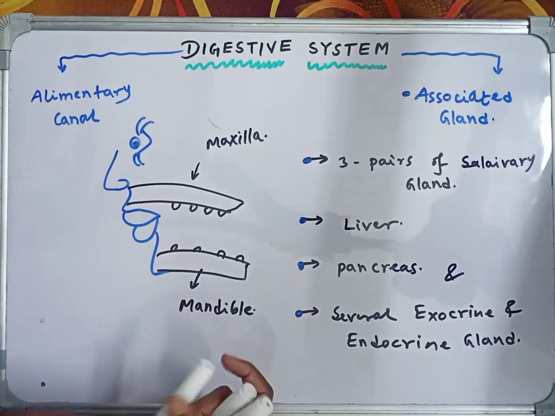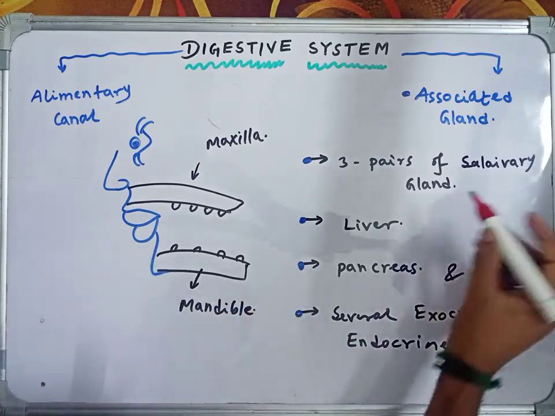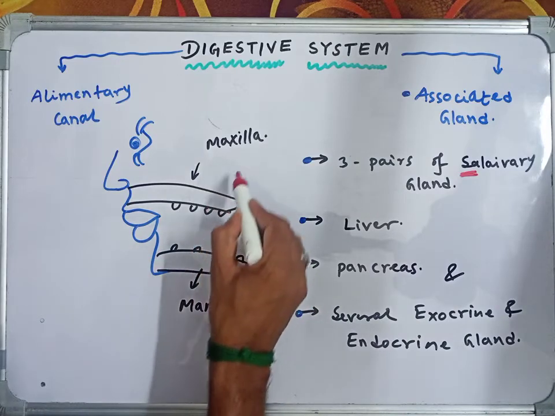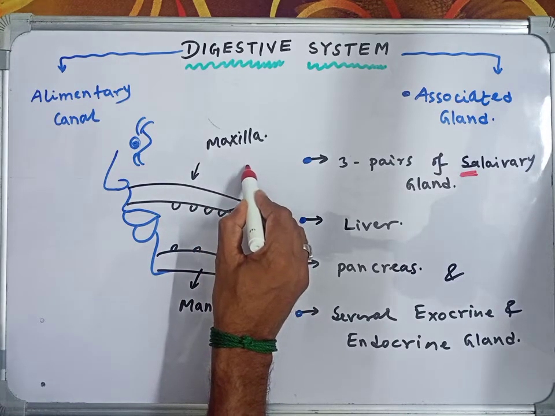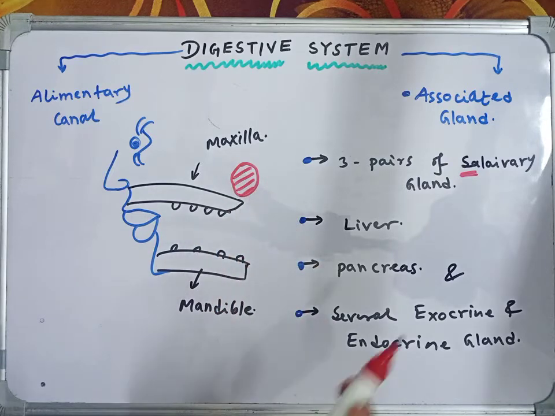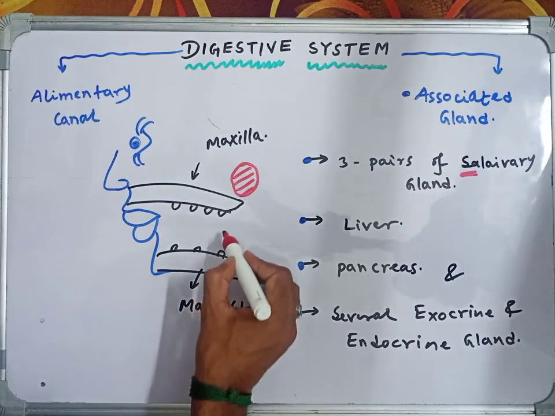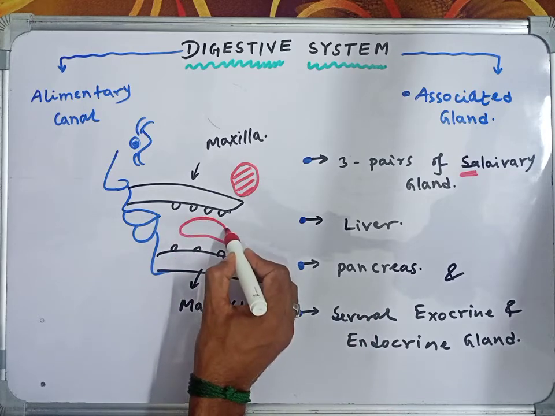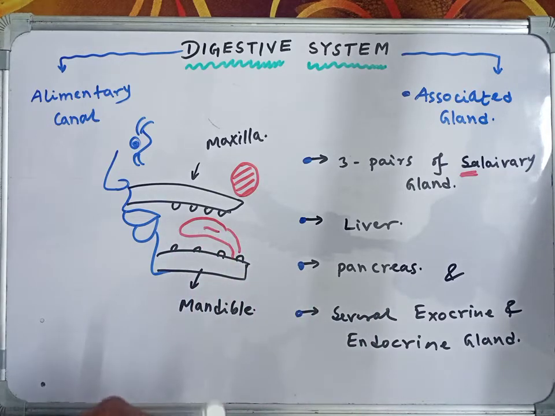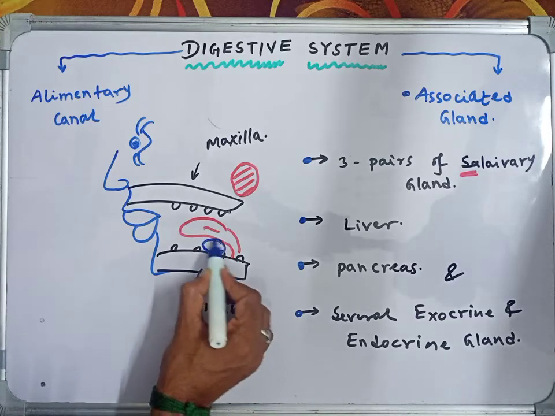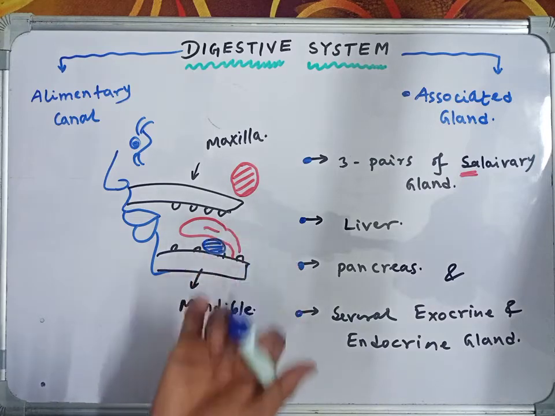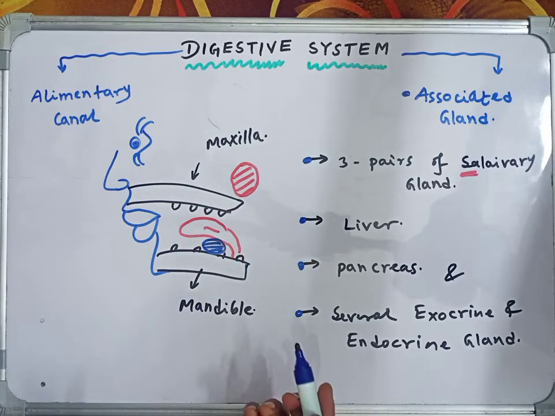And the mouth contains, focus on this, my dear student, salivary glands. The mouth contains three pairs of salivary glands, right? Beneath the ear, there is one pair of salivary glands. Below the tongue there is also a pair of salivary glands, on each side of the face, right?